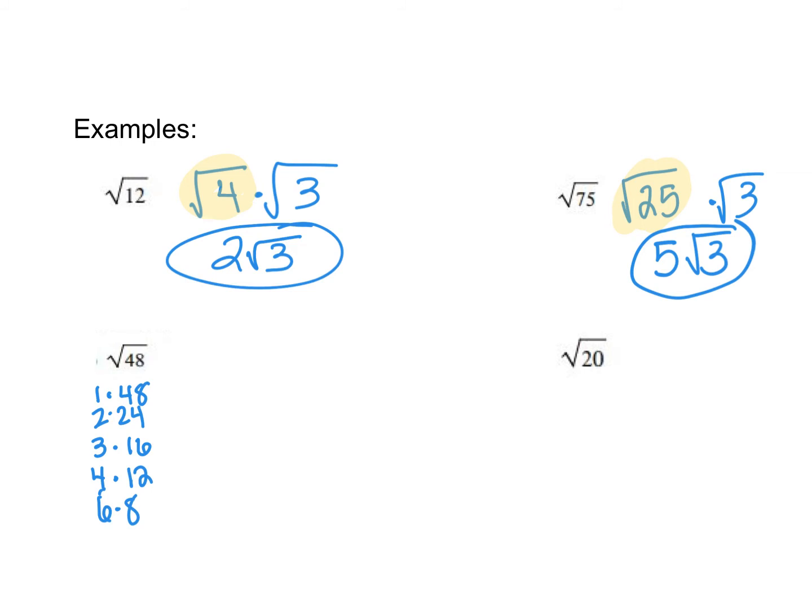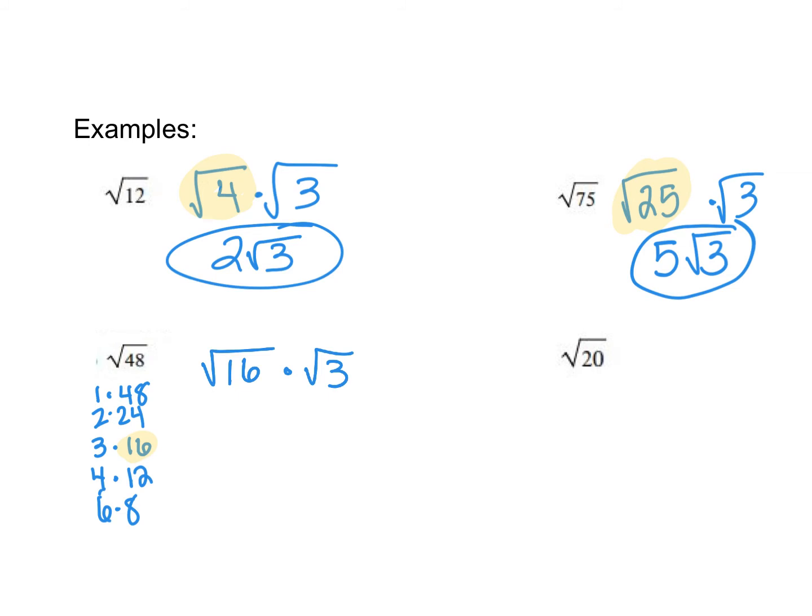So when I think about all those different ways, and I look at all these numbers, the biggest number out of all these numbers that is a perfect square is 16. So I'm going to use 16 and 3 to break this down, because I need to choose the one that gives me the biggest perfect square option. So the square root of 16 times the square root of 3 is how I'm going to break that up.